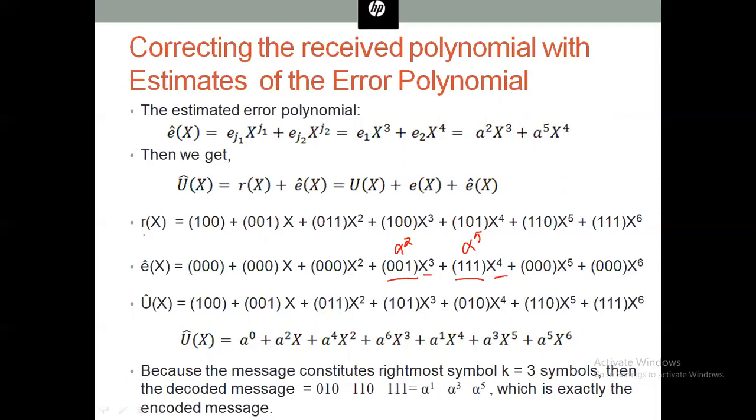And in the received vector, if we sum up the error pattern, we get the correct code word. That is the 7 by 3 RS code, and we have completed the part on RS codes.